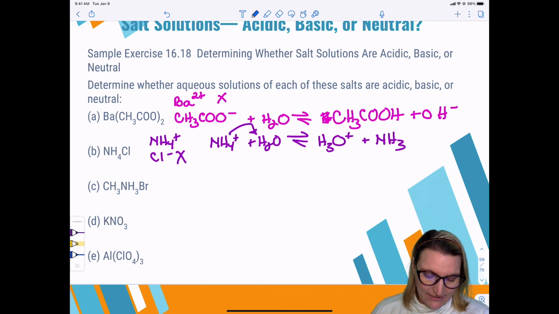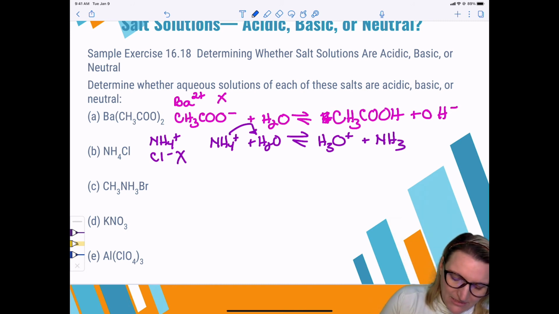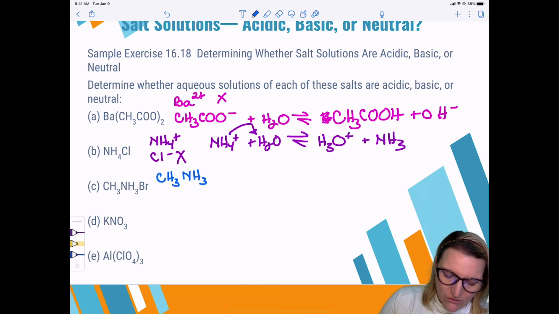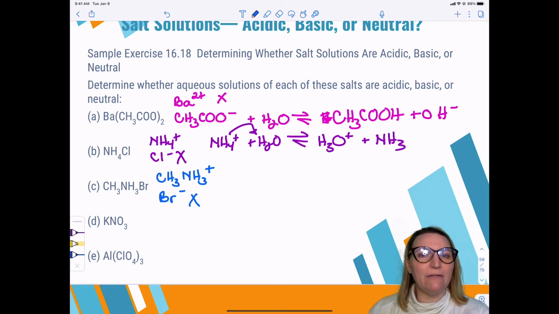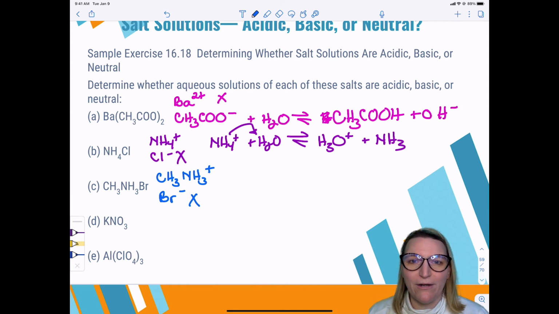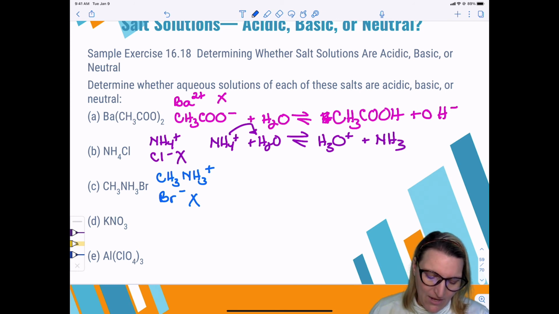Okay, and the next example, CH3NH3Br. So break that up into the ions. It must be CH3NH3+ and Br negative. And immediately I recognize the bromide ion. It can't grab a hydrogen off of water, because HBr is a strong acid. So Br negative isn't going to influence this. And then I think of the CH3NH3+, right?